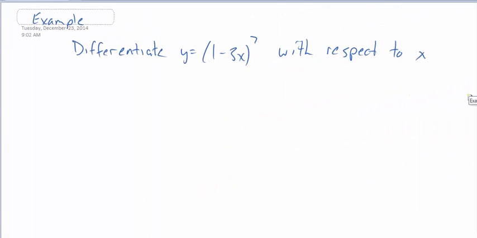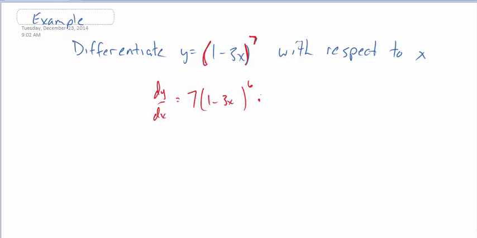So let's do a couple examples. We're going to differentiate y equals (1 minus 3x) to the 7th with respect to x. So the outside function is something to the 7th power. Well, how do we deal with that? We bring the exponent down and decrease the exponent by 1, and we leave the stuff that's in there.